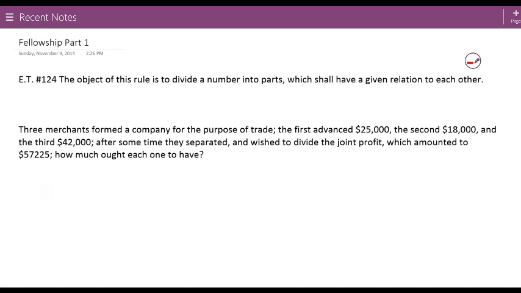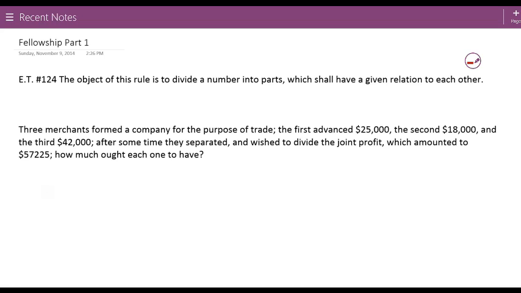So each merchant is entitled to part of the profit in proportion to what they advanced. So we're going to be looking at how much was advanced in total, their contribution, the total profit, and then the profit that they are entitled to.